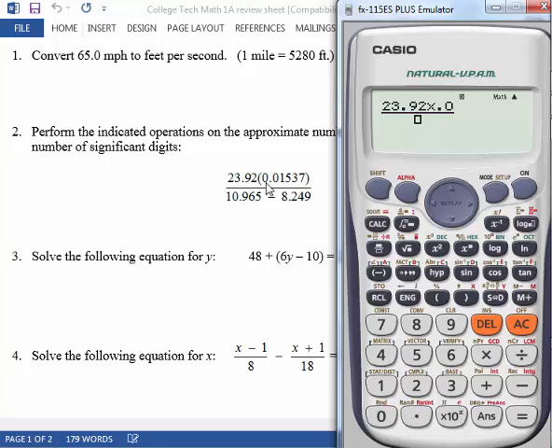I could have put in the first 0, but I don't like putting in leading zeros. Over. Now, if you do not have a calculator that has a true fraction key like this, you're going to have to use parentheses in the denominator. So after you press divide, you're going to have parentheses 10.65 minus. But since we've got a true fraction calculator, we can just press 10.965 subtract 8.249.